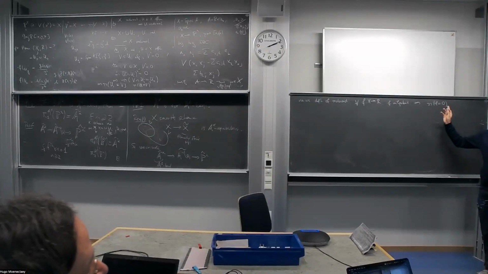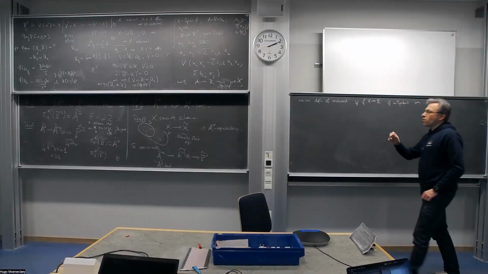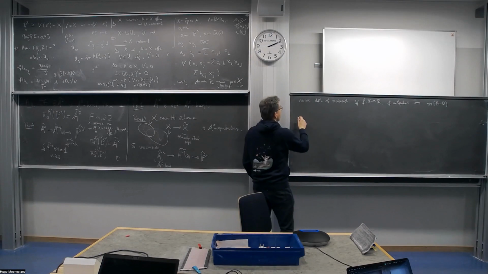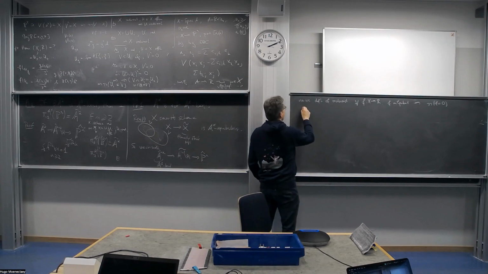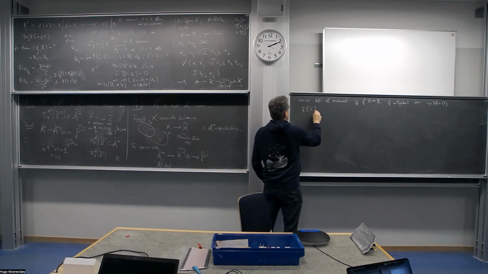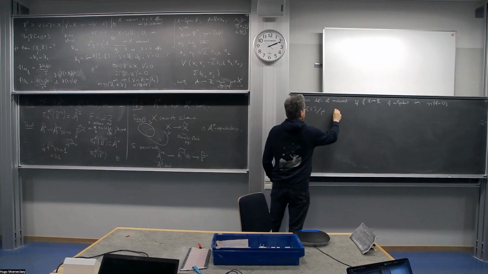This was the definition before. And now we can test this definition, and I think we saw something like R epsilon on the epsilon squared.